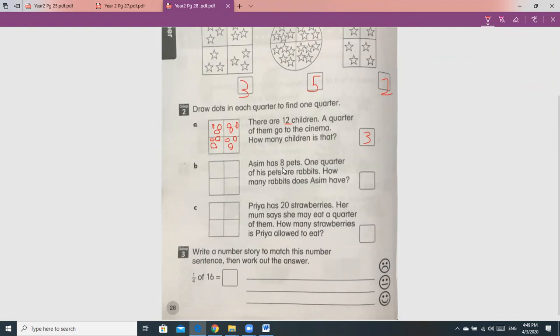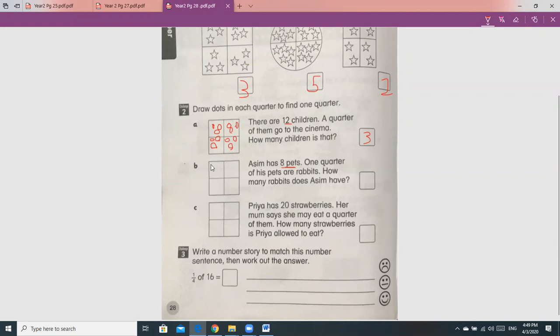Okay, he has 8 pets. I want to know, a quarter of them are rabbits. So how many are rabbits? What is the quarter of 8? To know the quarter of any number, I divide it into 4 parts. I will divide this 8 into 4 parts to know that 1/4 is what? Okay, so let's distribute this 8 into these 4 squares.